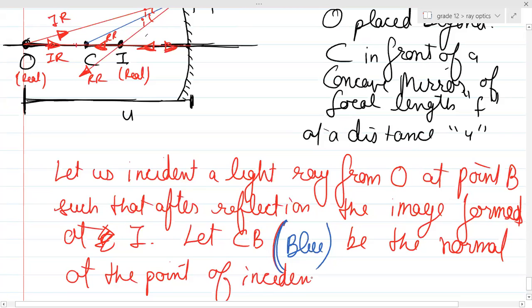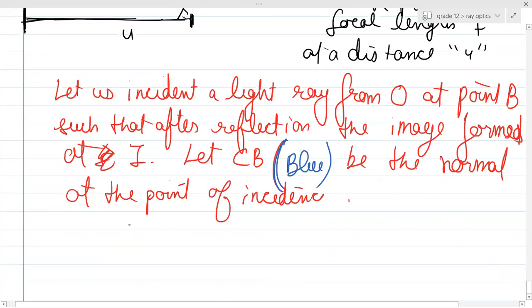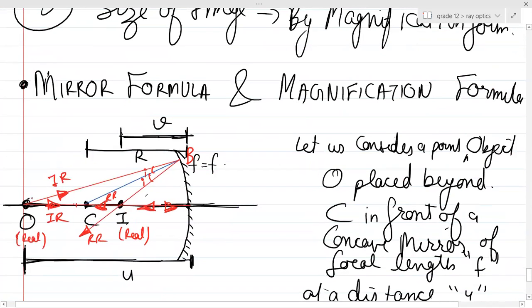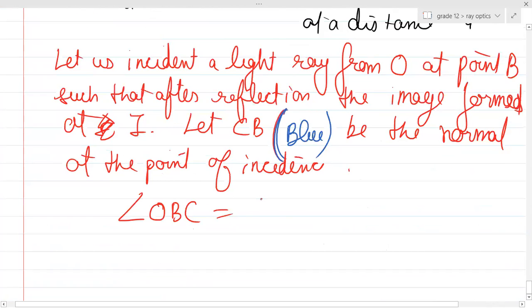If CB is the normal, can I say this particular thing, guys? The angle OBC, can you see over here? OBC, this angle. Angle OBC and angle CBI, they both are equal to i, right?